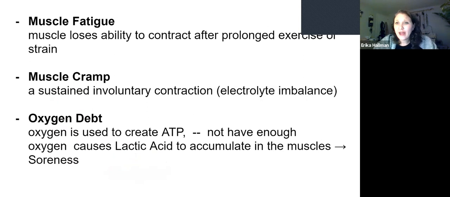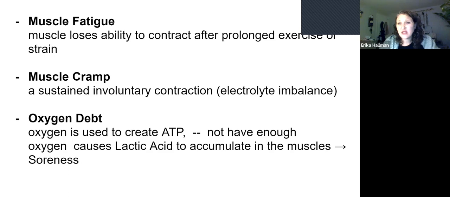Okay, so when you work out, your body is going through cell respiration, right? So remember back from freshman year bio. In cell respiration, you need oxygen, you need glucose, and you're going to release CO2 and water. Muscle fatigue is what's going to happen after you've been working out for a while and the glucose stores within your muscles have kind of depleted.